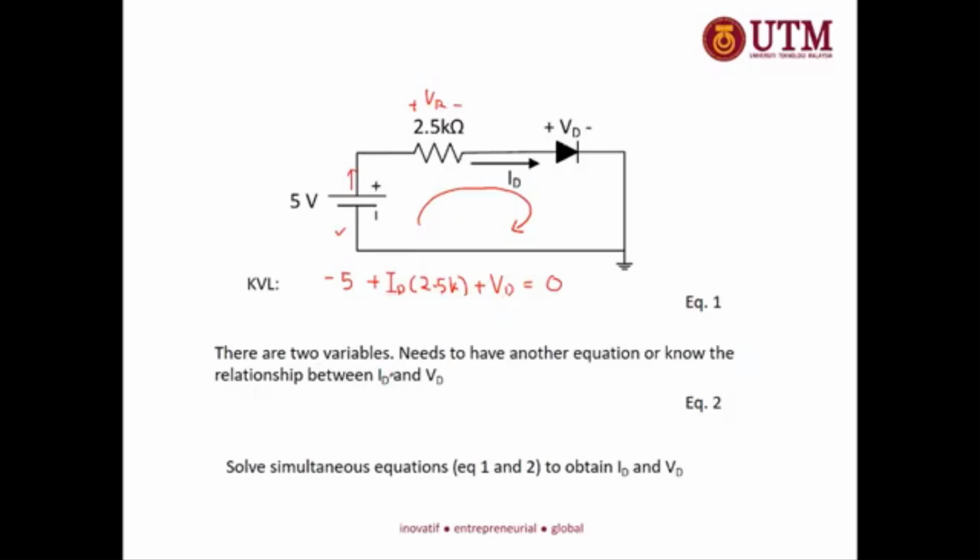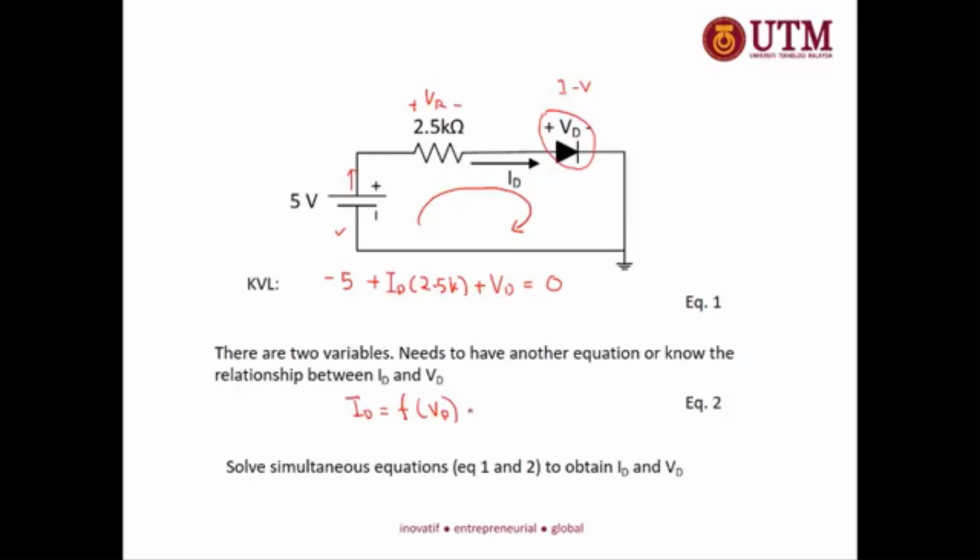So if you want to solve this equation, you need to have another equation. At least you need two equations. This is equation 1. You need another equation in order to solve for ID and VD. The equation comes from the IV characteristic of the diode, ID as a function of VD.